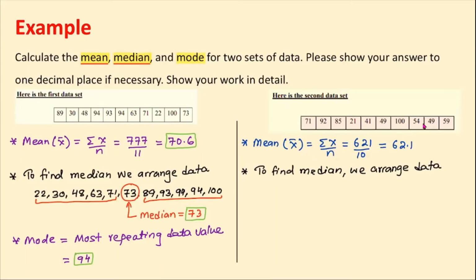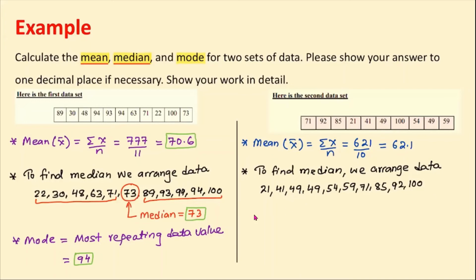If you look at this data set, you can see that the smallest data value is 21. So we are going to start there. You have 21, then you have 41, 49, again 49, 54, then you have 59, you have 71, then you have 85, 92, and 100.